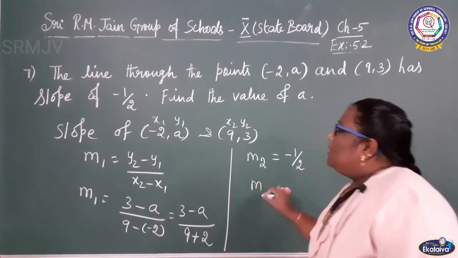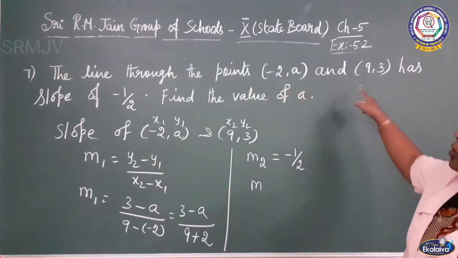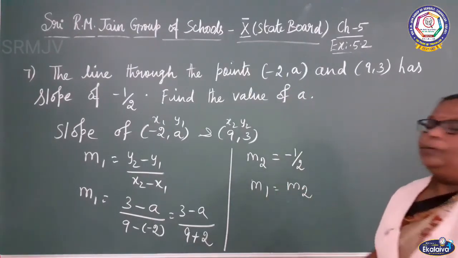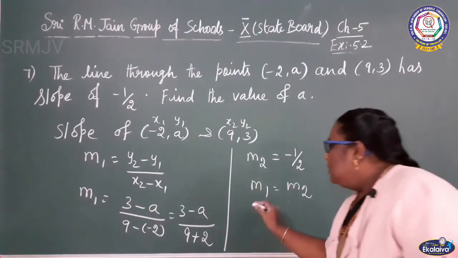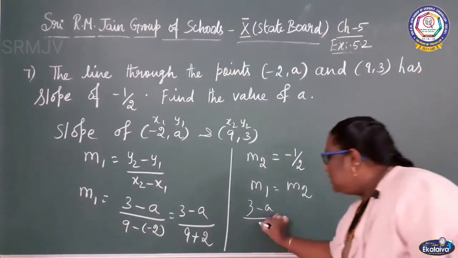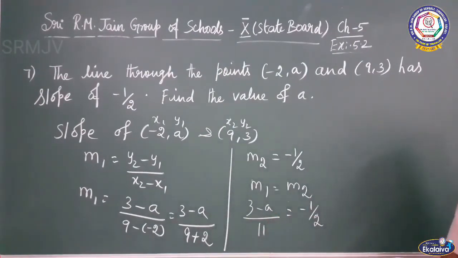You know very well, the line slopes are equal. So you can take m1 equals m2. Find the value of a. So 3 minus a by 9 plus 2, which is 11, equals minus 1 by 2.